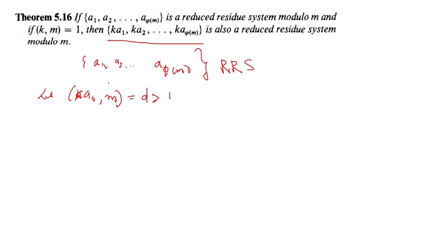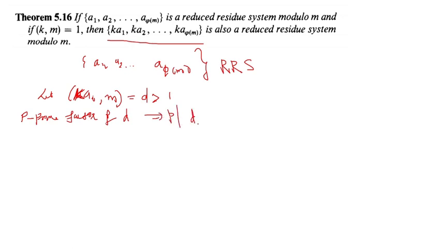Let's check. Okay, so we take any of the elements kai, and the GCD of kai and m is d, which is strictly greater than 1. And we take p to be a prime factor of d. That means p must divide d.